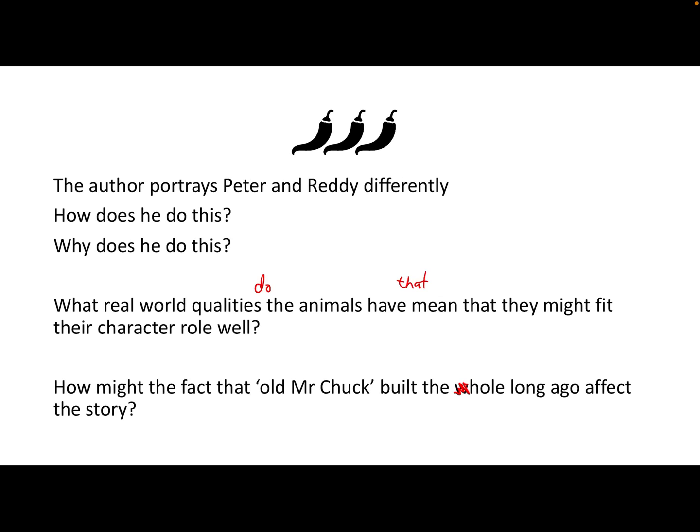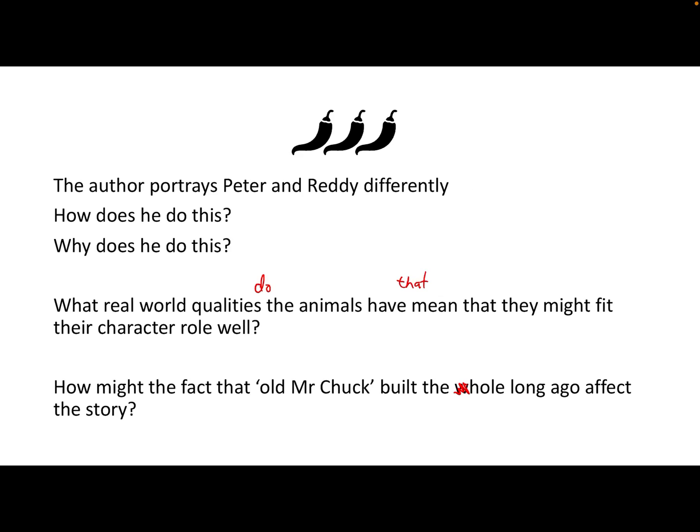How might the fact that Old Chuck built the hole long ago help the story? Maybe, I was thinking maybe he's built others. He's built other shelters, and maybe they can find other shelters. Maybe because it was built long ago, when they go into the shelter they might find something that's very old.